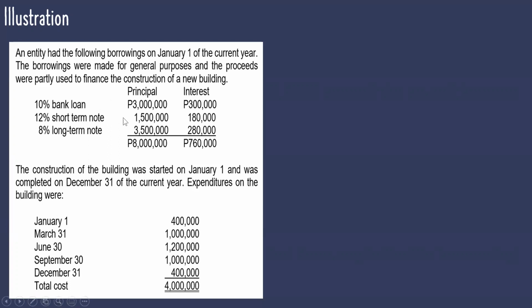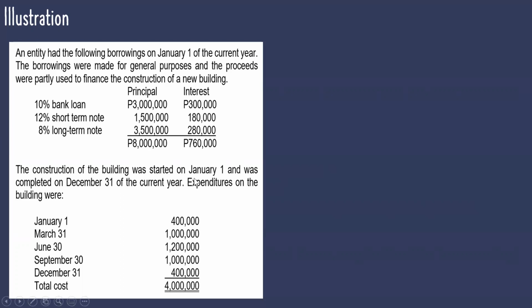A 12% short-term note of 1.5 million, with interest of 180,000. An 8% long-term note, principal of 3.5 million and interest of 280,000. So the total outstanding general borrowings is 8 million, whereas the total borrowing cost incurred for the period is 760,000.